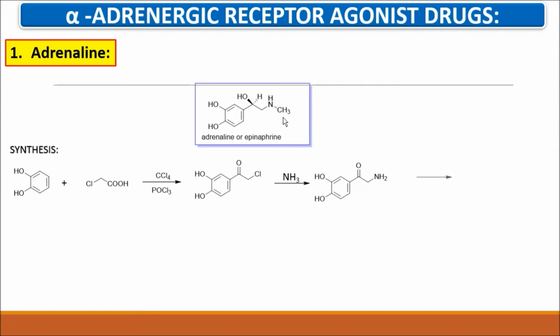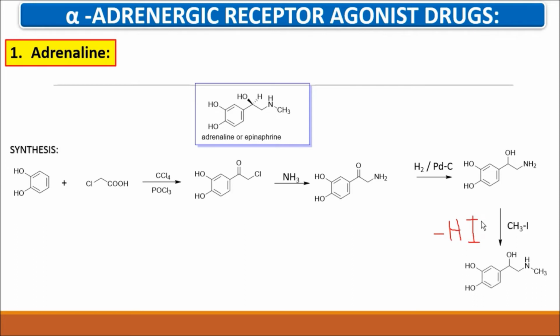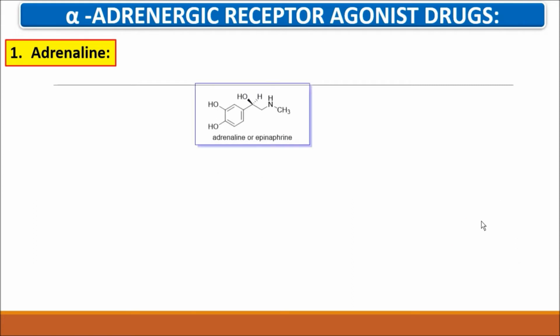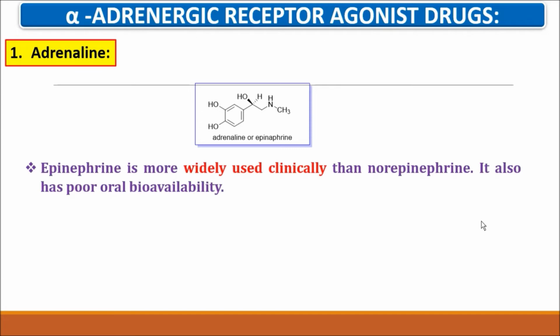Up to here, the same. Here we are going to add methyl chloride. This methyl chloride reacts with the NH2 group with loss of hydrogen halide, giving the compound. What is this? Adrenaline. So friends, what is the use of adrenaline? Adrenaline is more widely used clinically than noradrenaline because it has greater selectivity.